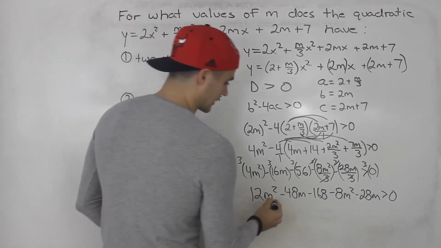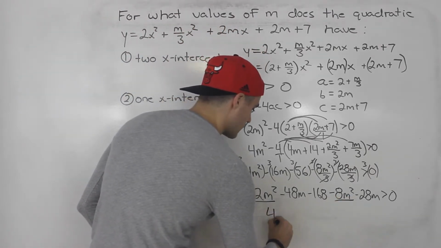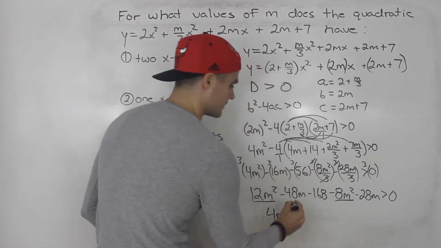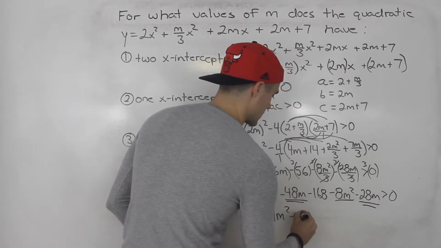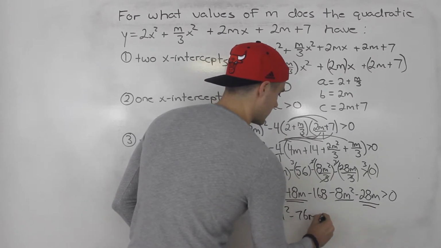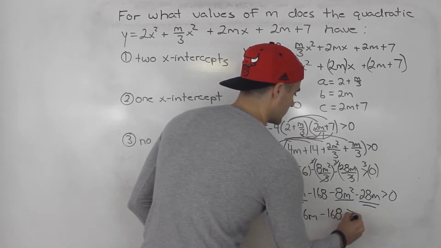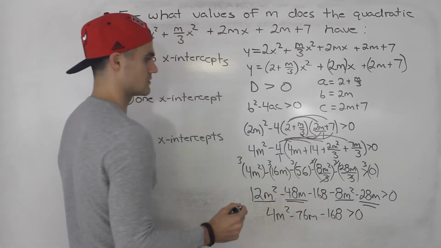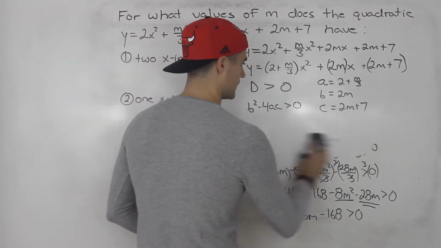So now we could just collect like terms. So 12m squared minus 8m squared, that gives us 4m squared. Negative 48m minus 28m, that gives us minus 76m. And this is minus 168. When is this going to be greater than 0? So I'm actually going to take that and rewrite it up here.